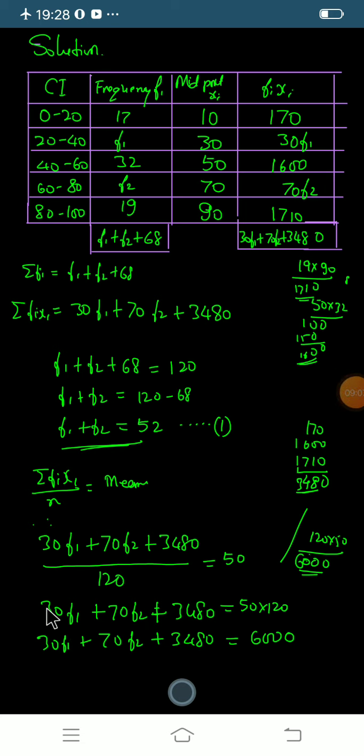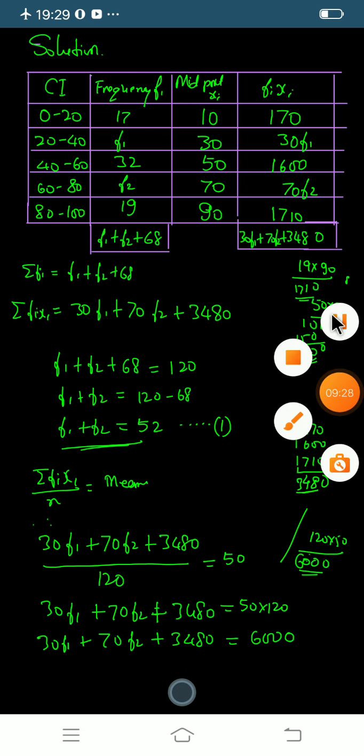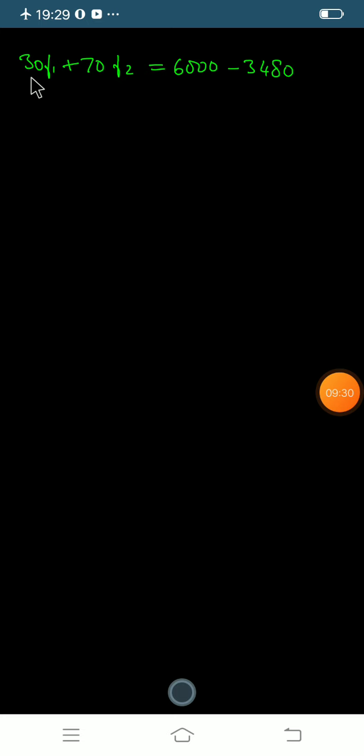So 30 F1 plus 70 F2 plus 3480 is equal to 6,000. We have to take this 3480 to this side and we will get the answer for 30 F1 plus 70 F2. Now 30 F1 plus 70 F2 is equal to 6,000 minus 3480.